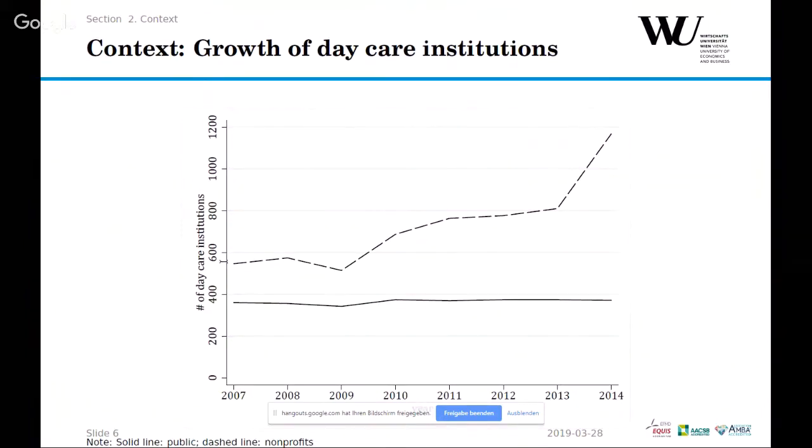The number of public daycare institutions remained more or less stable over these 8 years, which you can see in the solid line. But the number of nonprofit institutions massively increased, which is reflected in the dashed line.